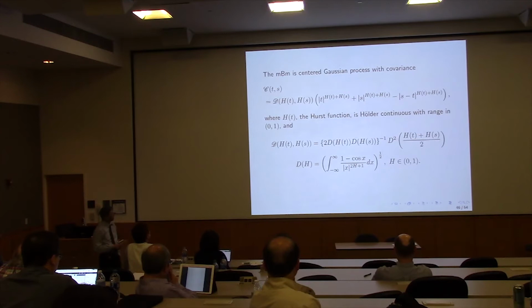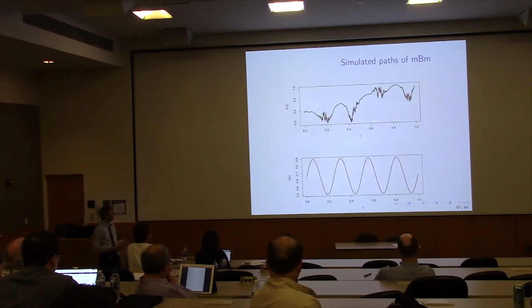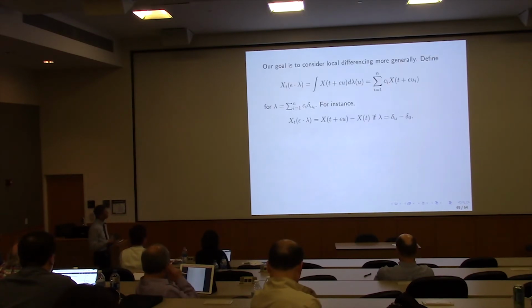Well, it's kind of like fractional Brownian motion, except the Hurst function changes with t. Now here's a sample path for MBM with a Hurst function that looks like this. When the value of the Hurst function is large, the path is smooth. When it's small, the path is rugged.